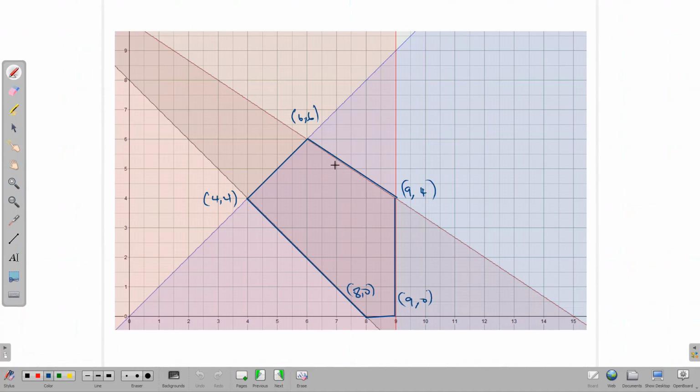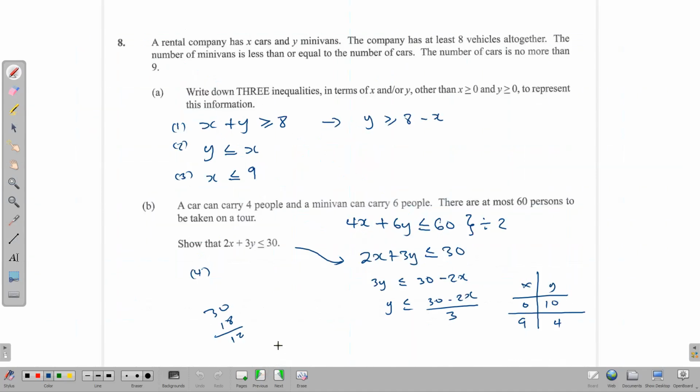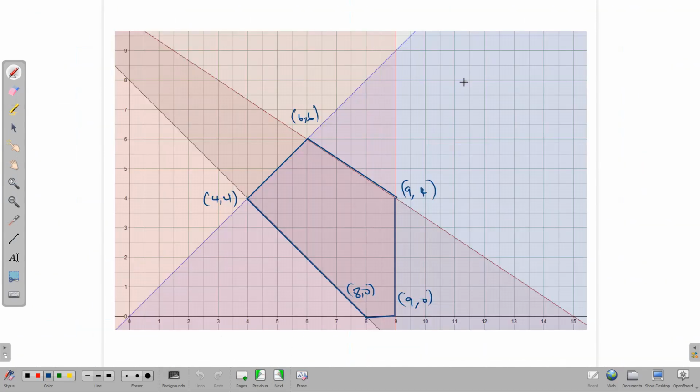So we need one or two of these combinations that amount to exactly 60, and that relates to the inequality we wrote down earlier, 4x plus 6y is less than or equal to 60. Since we want it to be 60, we say 4x plus 6y equals 60.